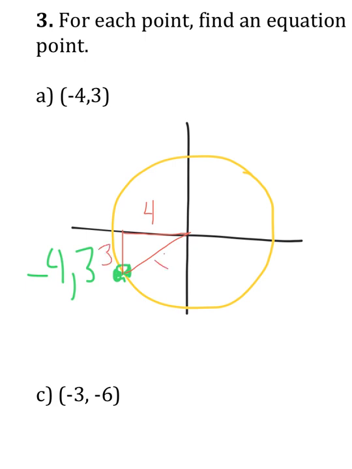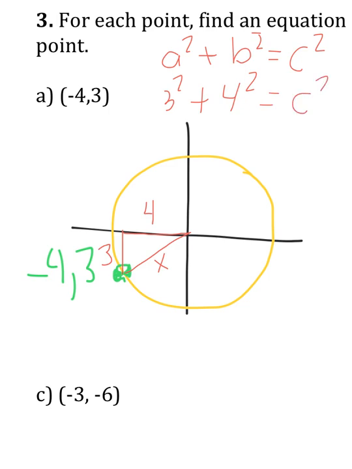So then to find x, I would just use the Pythagorean theorem. So I would say a squared plus b squared equals c squared. 3 squared plus 4 squared equals c squared. That's 9 plus 16, which is equal to 25.